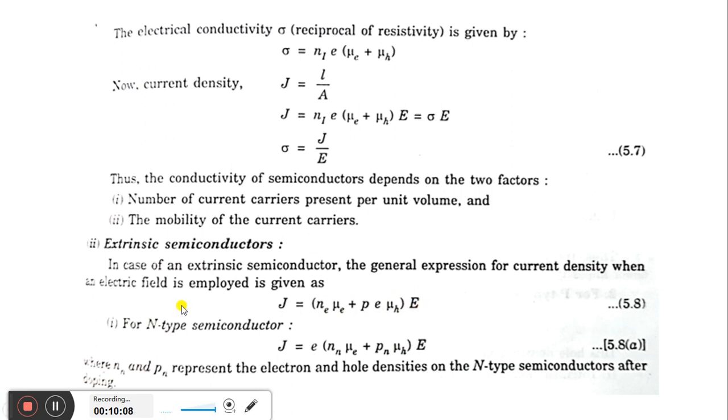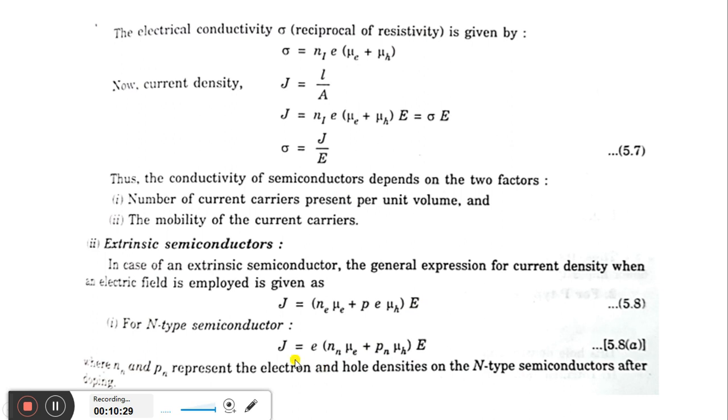So if it is an n-type semiconductor, then we can have a suffix n, Nn for the charge density of electrons and Pn for the charge density of holes.